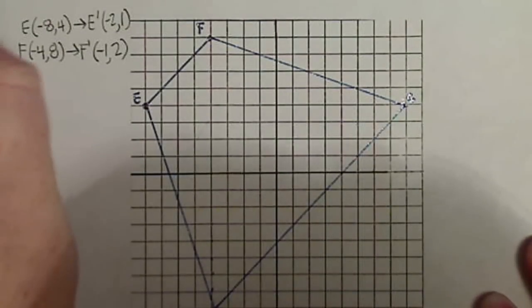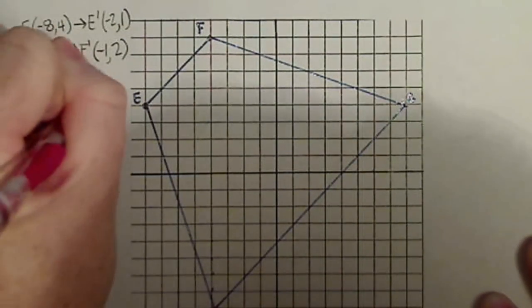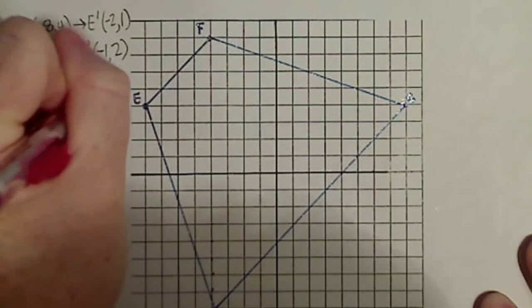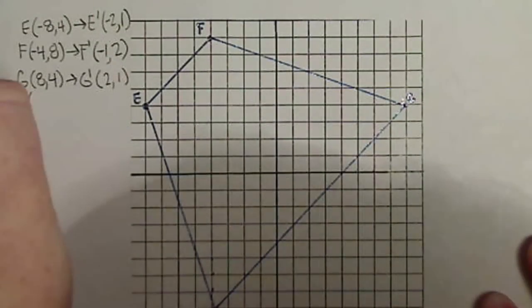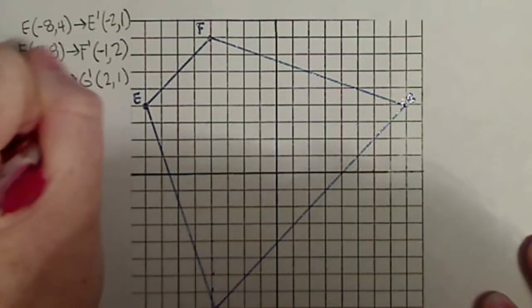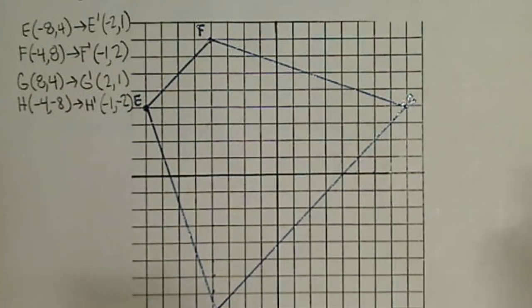Okay, and G, the point (8, 4), dilated by a scale factor of 1/4 is going to be (2, 1). And my last point, (-4, -8), is going to be (-1, -2) on my coordinate plane.